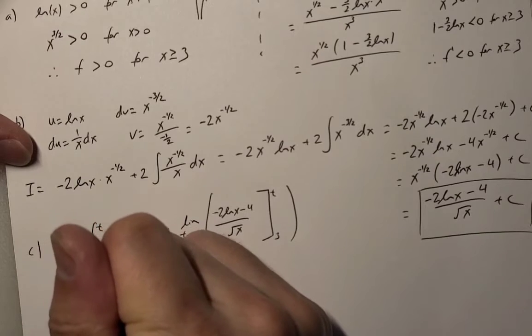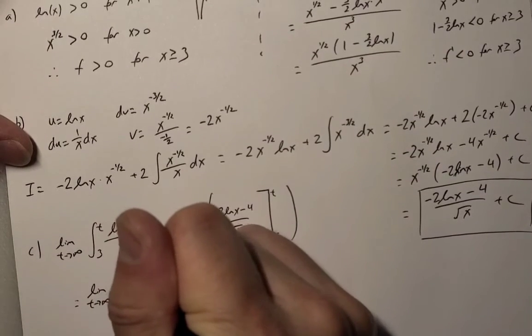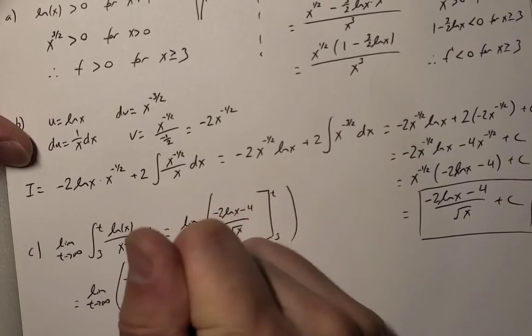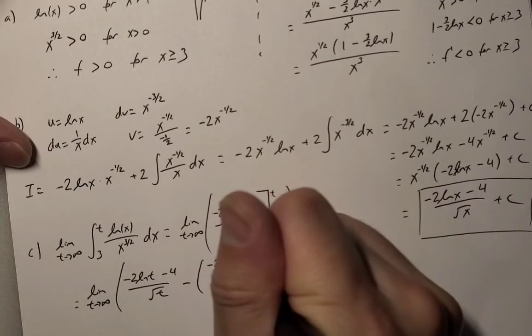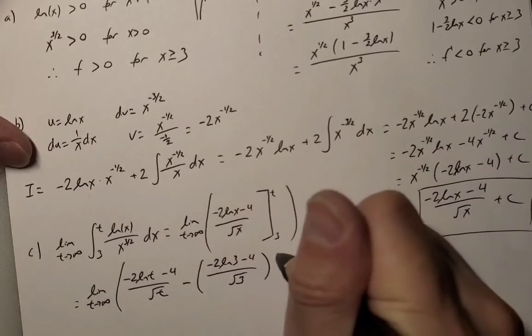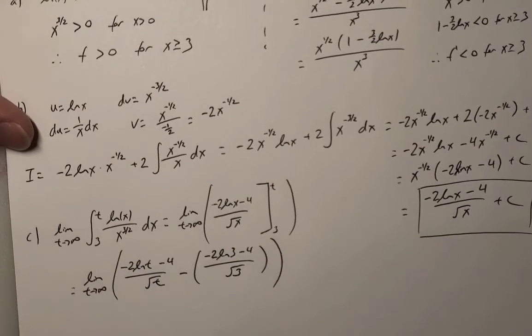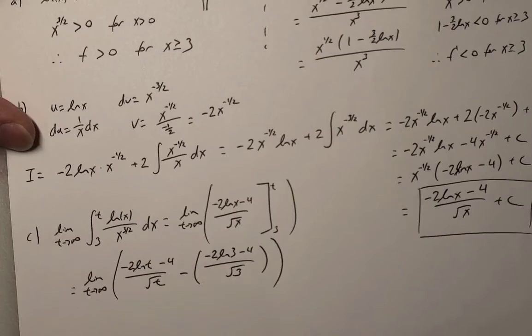We get the limit as t approaches infinity of minus 2 ln t minus 4 over square root t, minus parentheses, minus 2 ln 3 minus 4 over square root 3. This is just a constant, so we just have to worry about the limit over here.